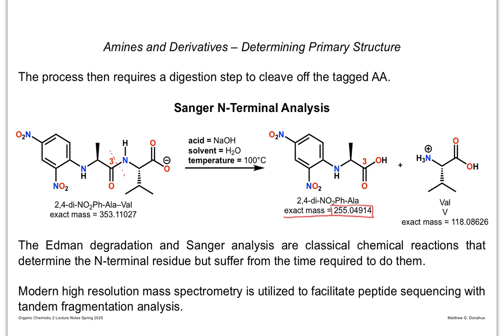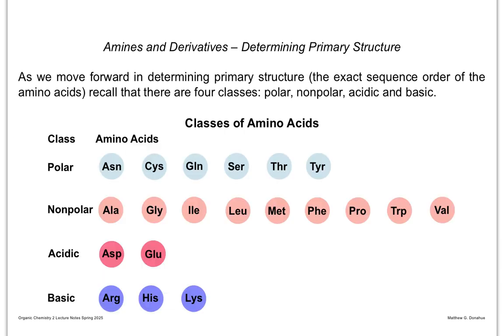You don't have any other sequence information moving down the chain. So how can we use some more chemical reactions that will help us determine this without doing a whole lot of work?